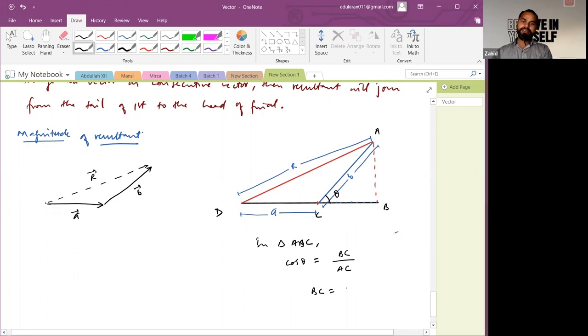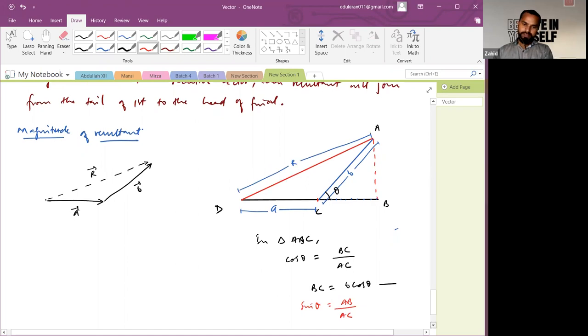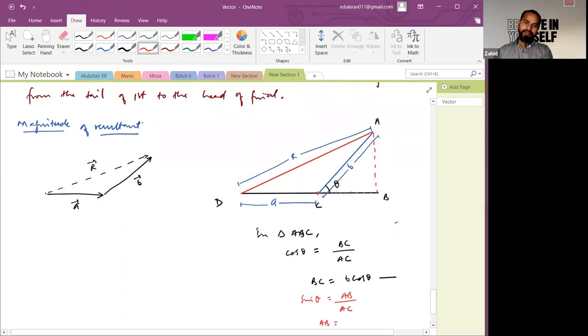AC is B, so you will say B times cos theta as BC. Similarly, if you want to calculate sin theta, it will be perpendicular over hypotenuse. So from this, AB will be equals to B times sin theta. So I have just calculated AB and BC.